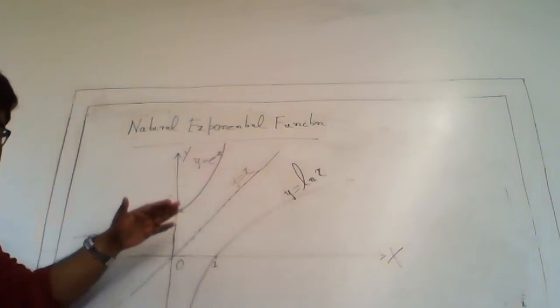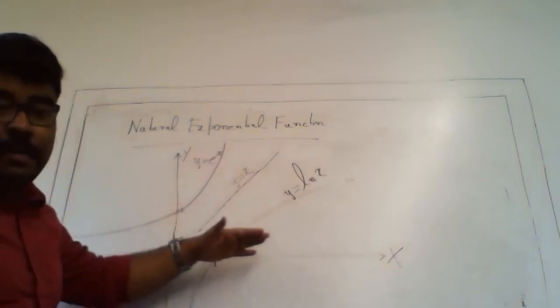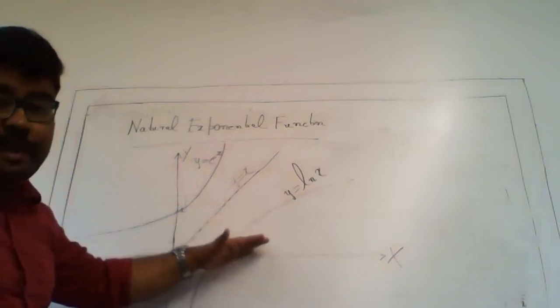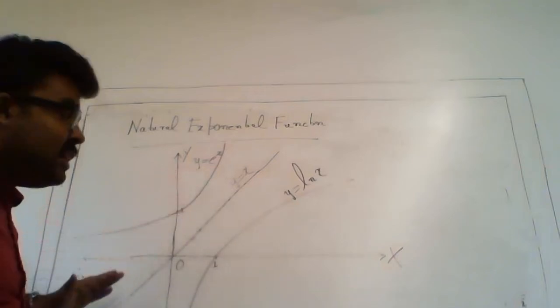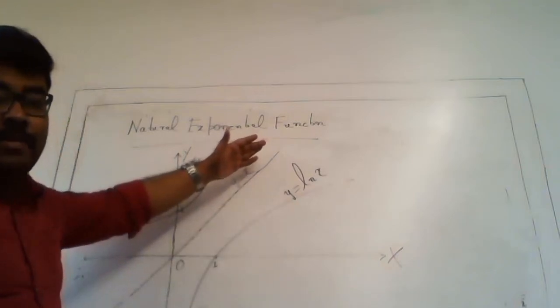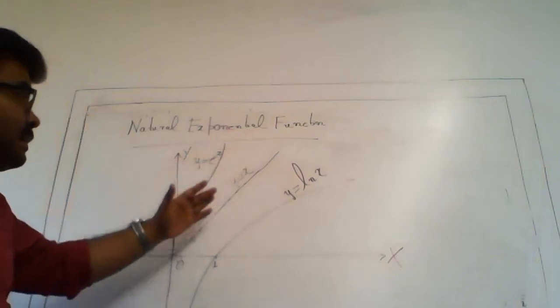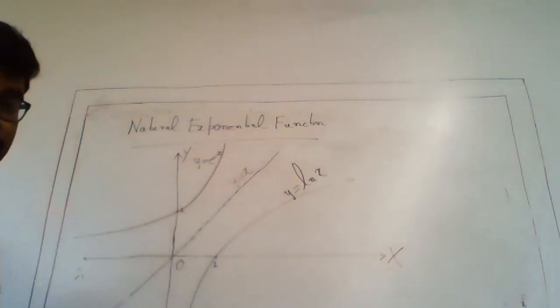So y equal to e to the power x and y equal to ln x are as if they are mirror images of each other if the mirror is placed along the line y equal to x. This is a beautiful thing about the graph of y equal to e to the power x.